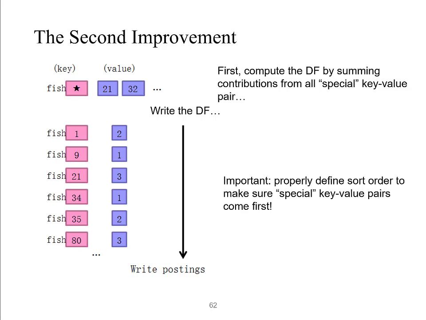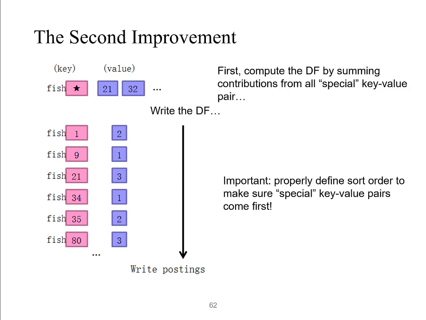With that, the reducer first computes the DF by summing contributions from all special key value pairs. Then with the DF, it will merge the rest of the posting list.